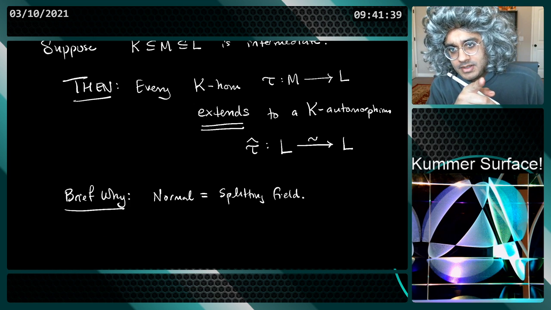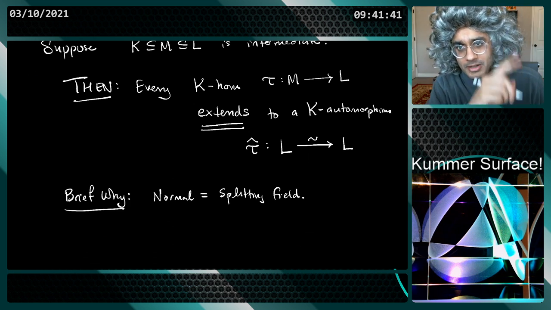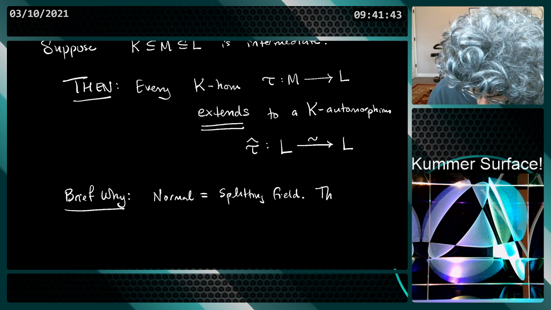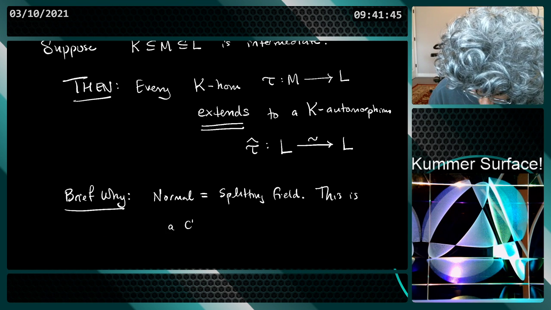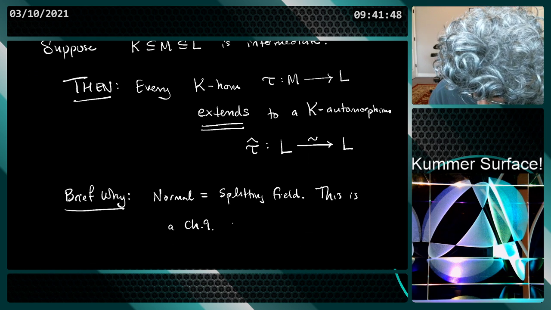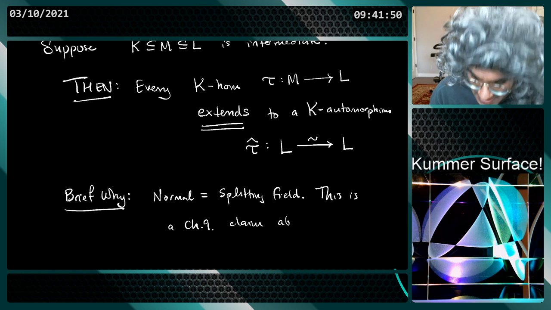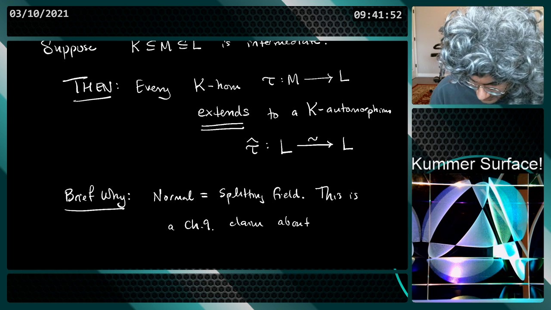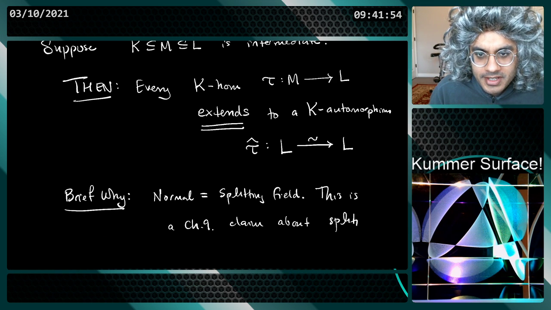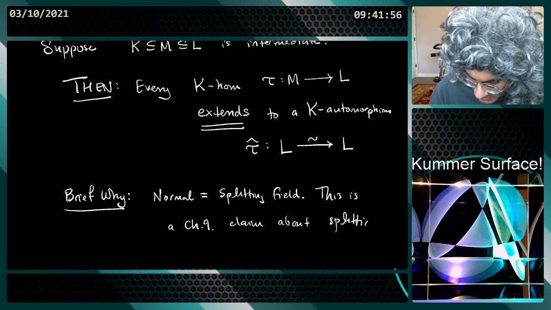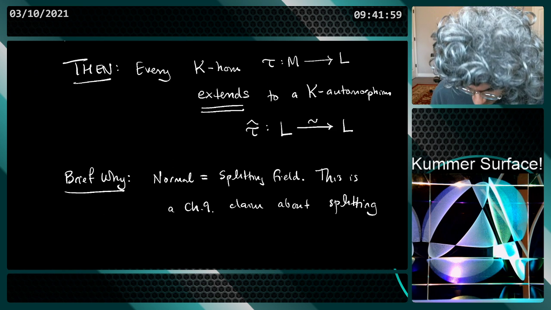And this claim is a claim from chapter 9 about splitting fields, actually. Same exact one. I called it the naturalness of a splitting field, or the uniqueness of splitting field.